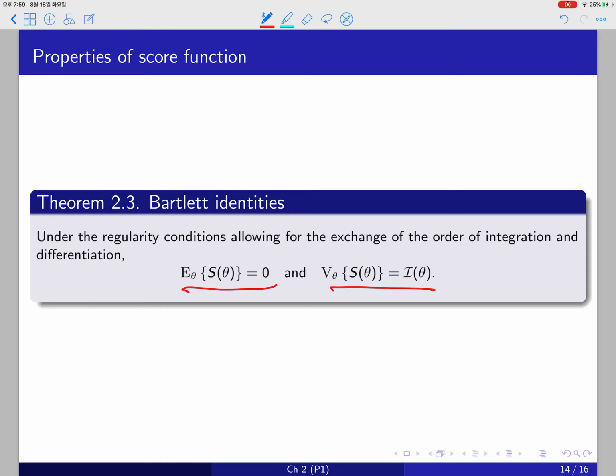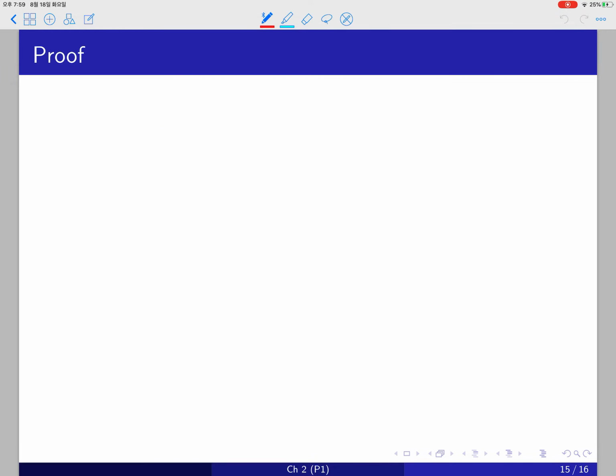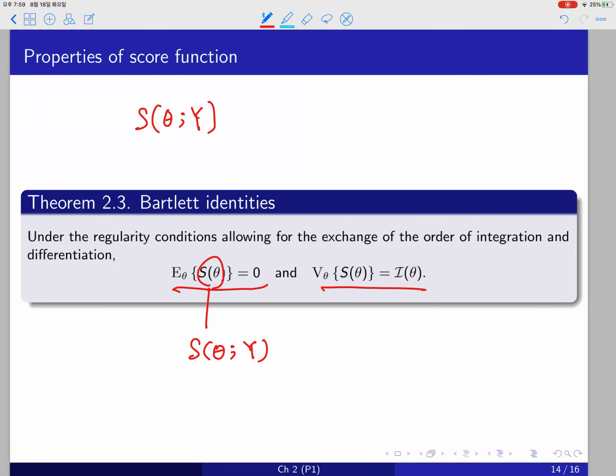By the way, this is the score function, and to be accurate, it should be written as something like this.